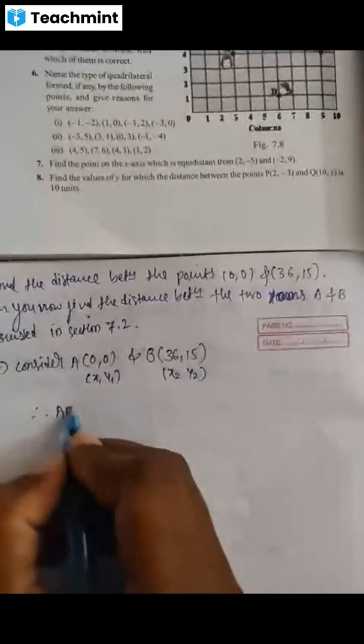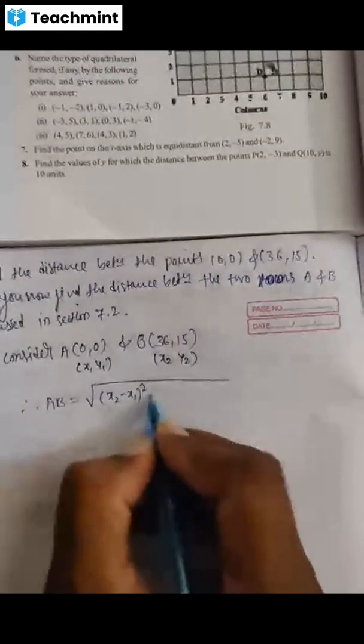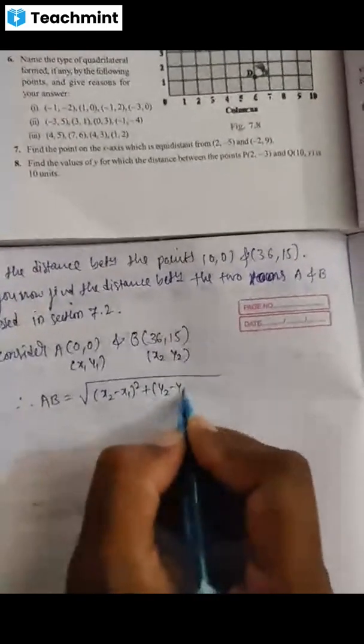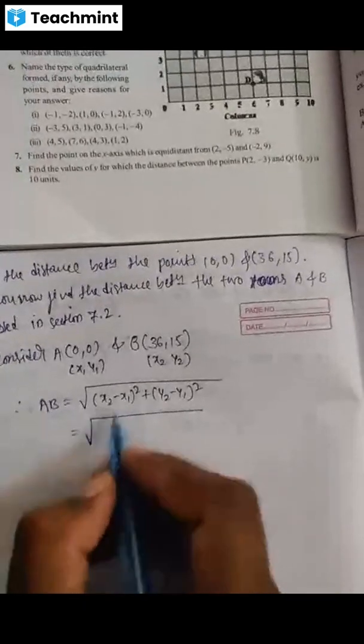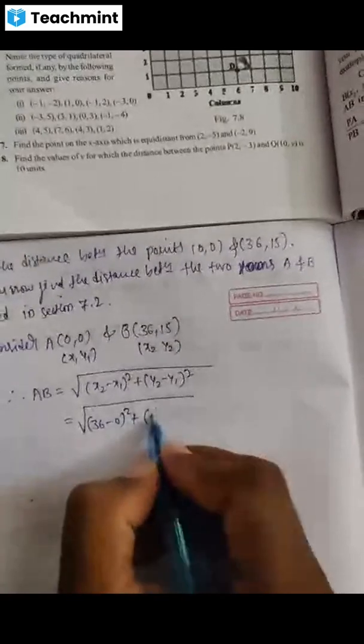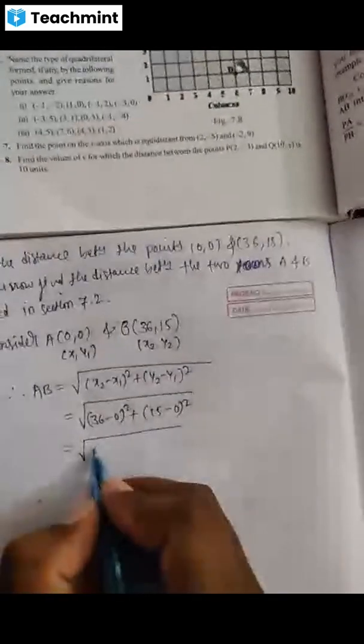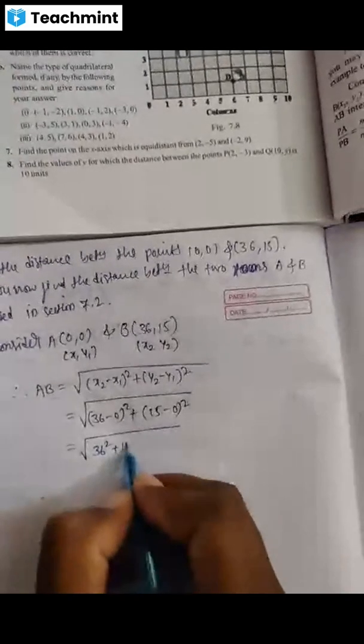Therefore the distance AB is given by the square root of (x2 minus x1) whole squared plus (y2 minus y1) whole squared. This is equal to the square root of (36 minus 0) whole squared plus (15 minus 0) whole squared, that is equal to 36 squared plus 15 squared.